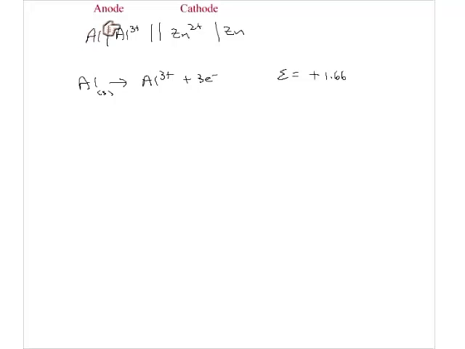Because we've got aluminum going to aluminum ions, this is my oxidation half cell. So I look up the value on the table, and it's a plus 1.66. On the table it would be negative, but I had to change the sign, remember? Okay, so I'm going to put a little arrow here and say sign changed for oxidation.